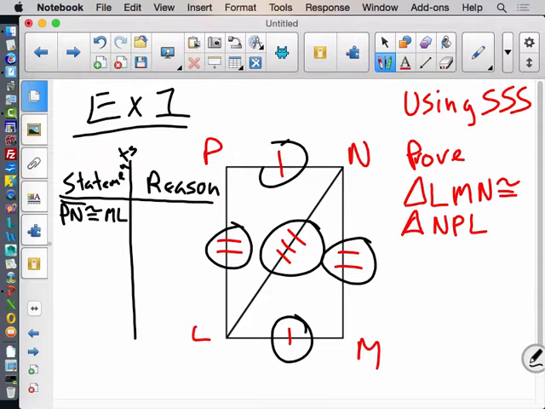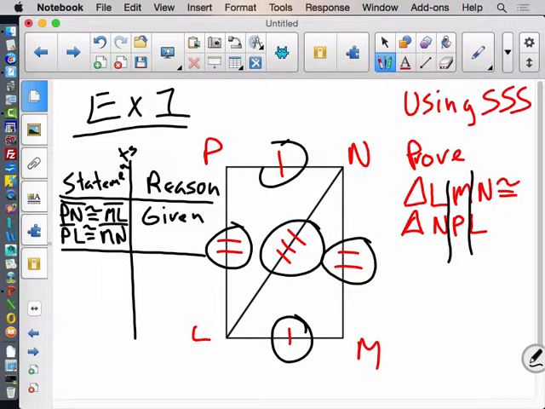Good. Do you guys know why she did that? It's because these are corresponding, right? So we want to be careful. It really wouldn't have mattered either way, but it's good that we're keeping track of that. So that was given in the figure. The other thing that was given is that PL is congruent to MN, right? Okay, so those were all given.